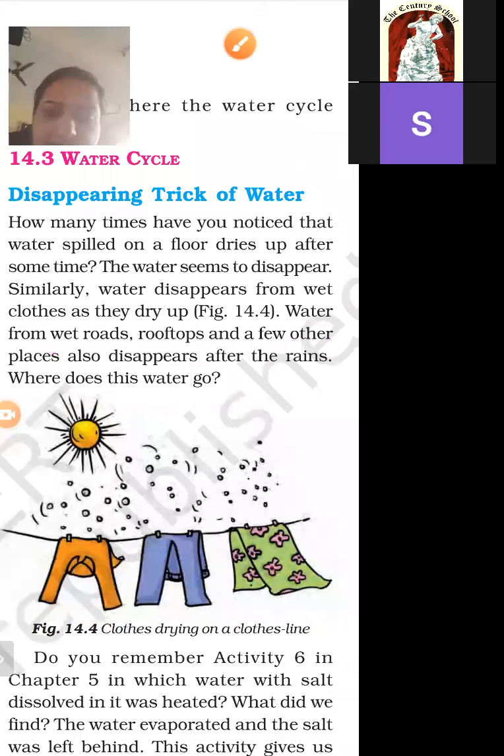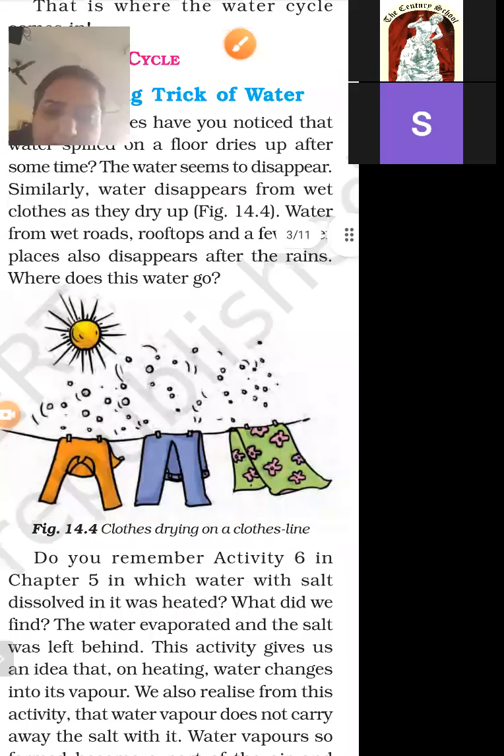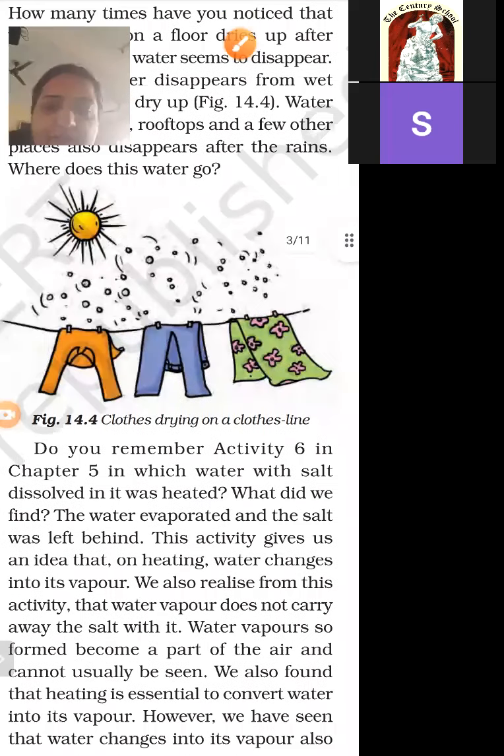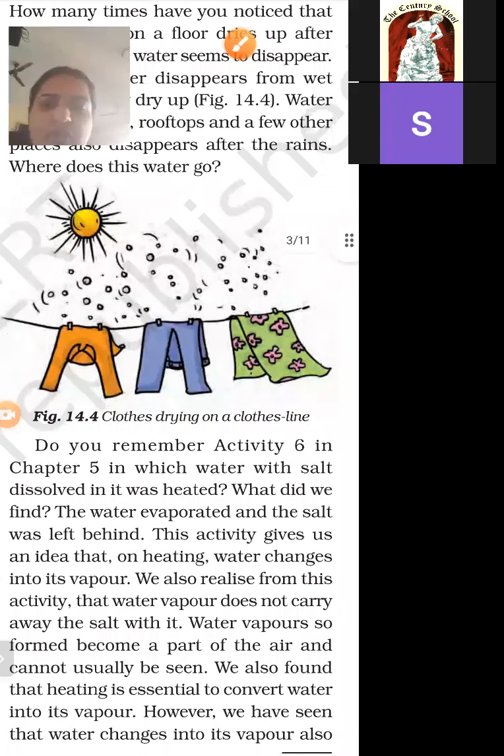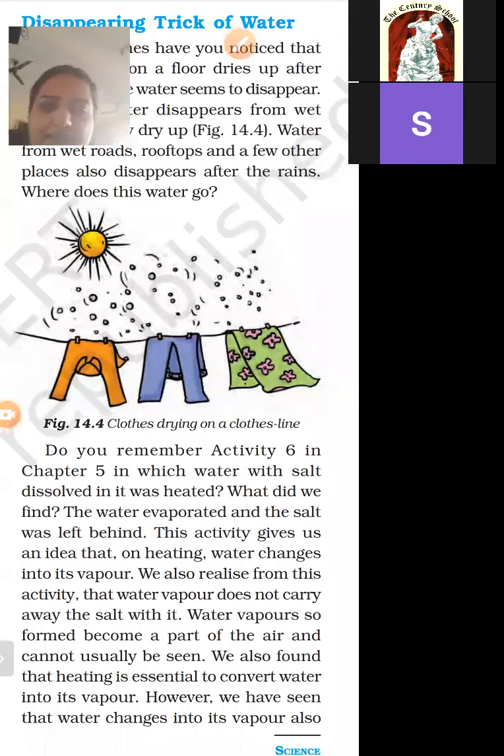Do you remember activity 6 in chapter number 5, in which water with salt dissolved in it was heated?